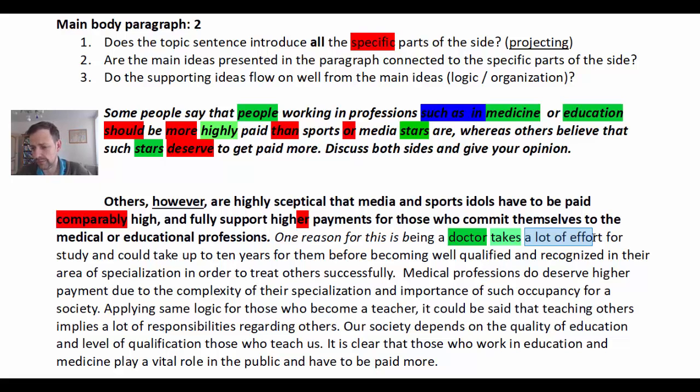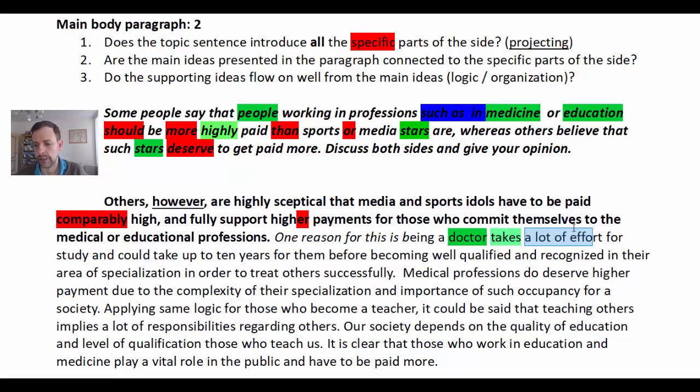So, well, the reason why doctors should be better paid is it takes a lot of effort to study. But if you want to become an elite sports athlete, it takes a lot of effort. From my experience of teaching people who wanted to become elite tennis players, they dedicated a lot more time than anyone I've seen dedicate to something.